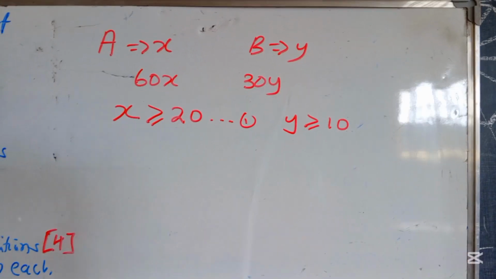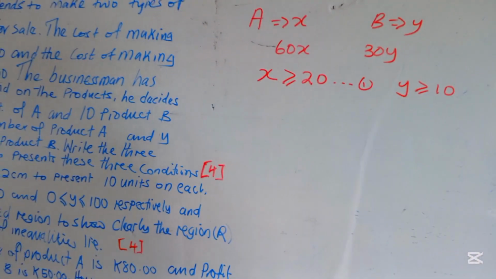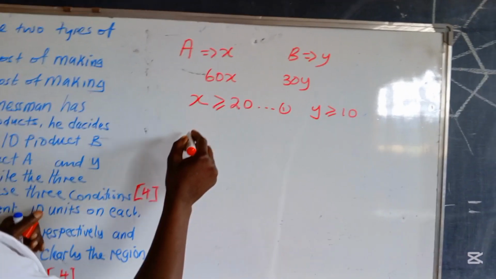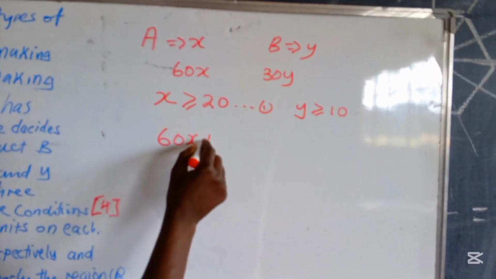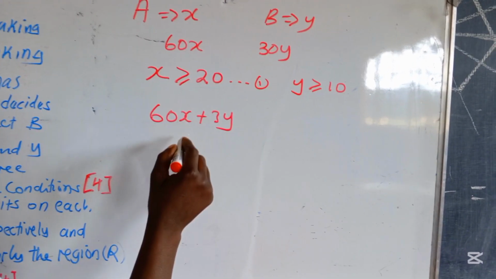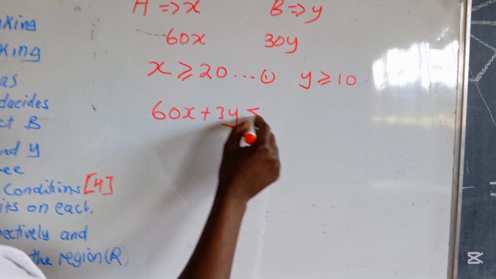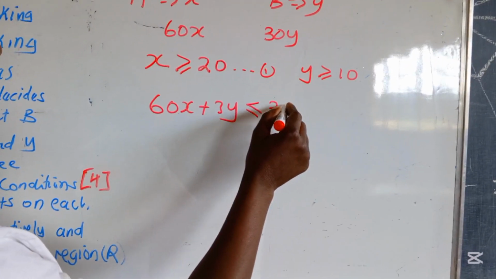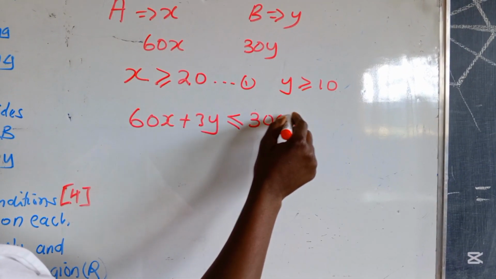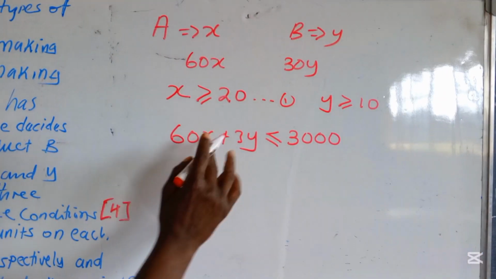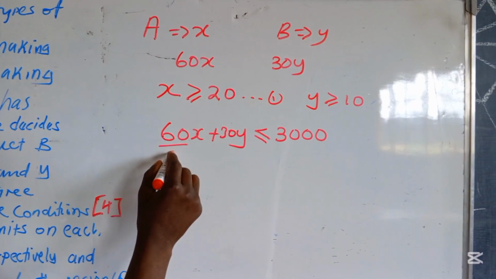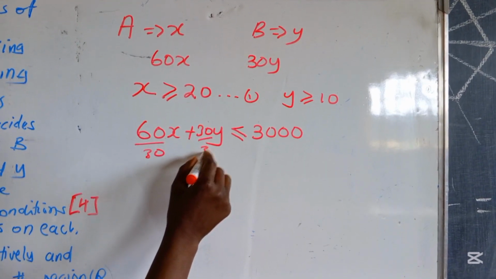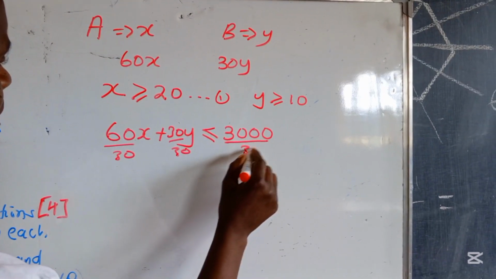Then from there, we are told that since he intends just to spend, whatever this one plus this one should not be more than 3,000, meaning should be less or equal to 3,000. So now if you divide this by 30, 30 can go there, 30 can go there, 30 can go there.